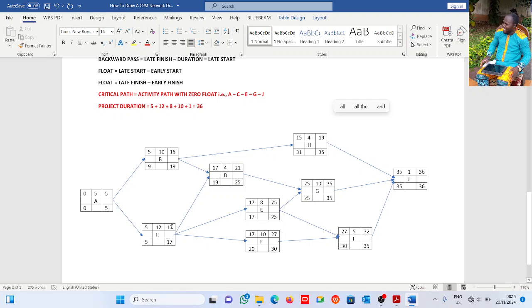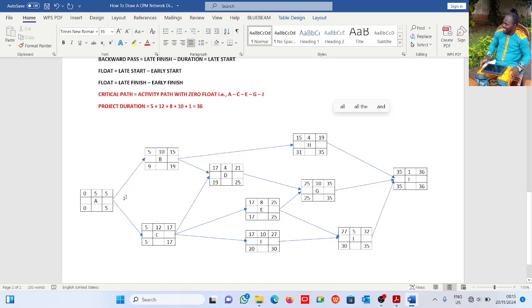What it means is this: I need to execute activity B and activity C before I can execute activity D. It's just practical. Take for instance, if I want to run a project on virgin land, I have to clear. Clearing might be activity A. If I don't clear, I cannot excavate.